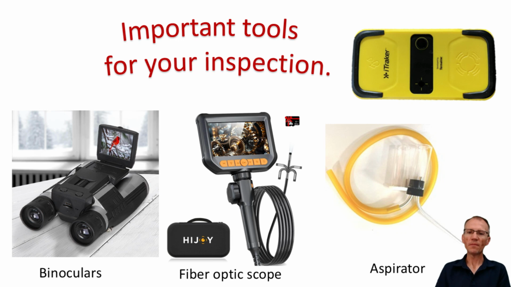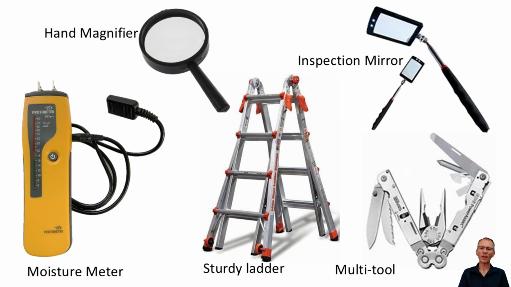I believe there are some important tools for your inspection. You can use things like binoculars, fiber optic scopes, aspirators, and I like the Thermotrac eye tracker. You're also going to want to use tools such as a hand magnifier, inspection mirror, moisture meter, a good sturdy ladder, and a multi-tool.